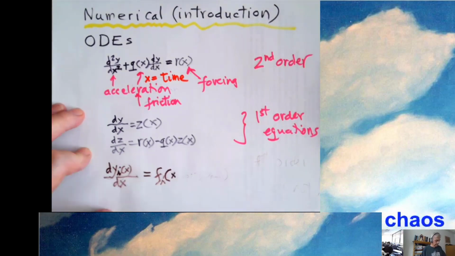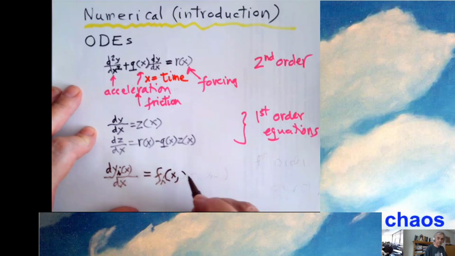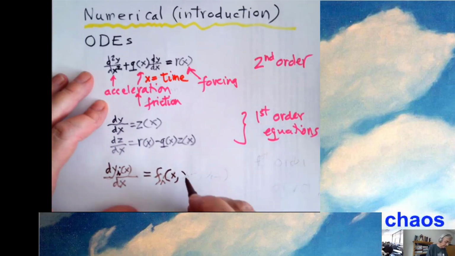So the way you think of it, you have some kind of volume, with some number of dimensions, each for one of these variables. It depends on time, sometimes explicitly and sometimes implicitly.